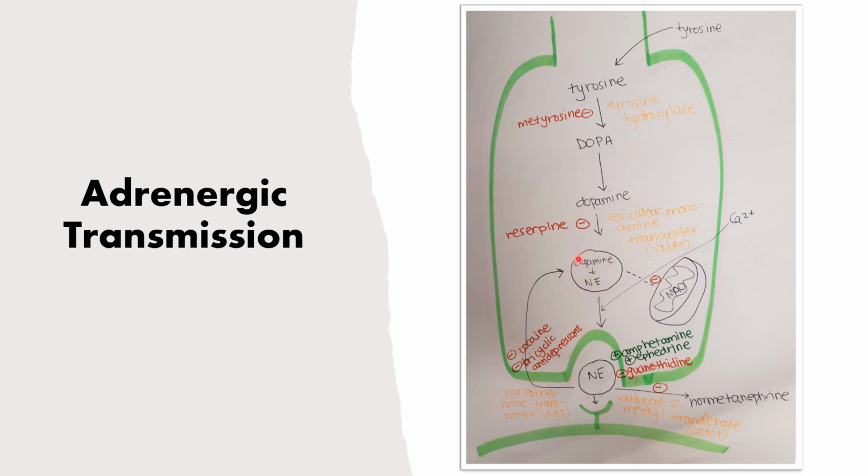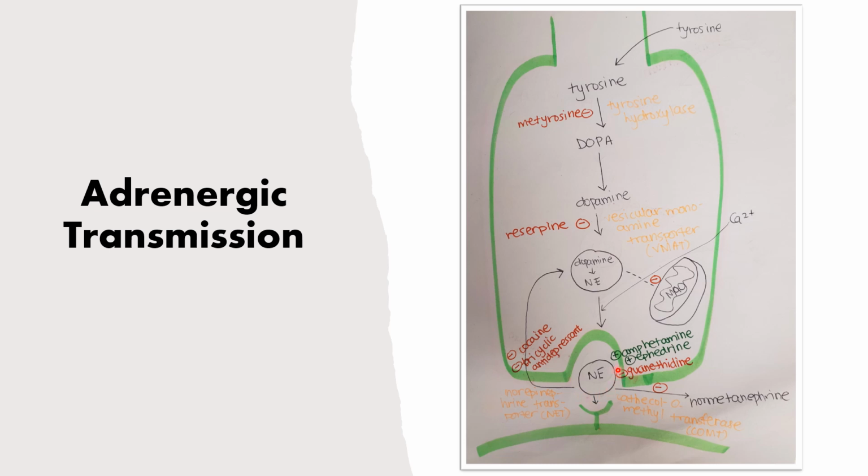Again, the exocytosis of these neurotransmitters requires calcium. So the influx of calcium promotes the exocytosis of norepinephrine. The release of norepinephrine here can be inhibited by a drug called guanethidine, and can be promoted by drugs called amphetamine and ephedrine.